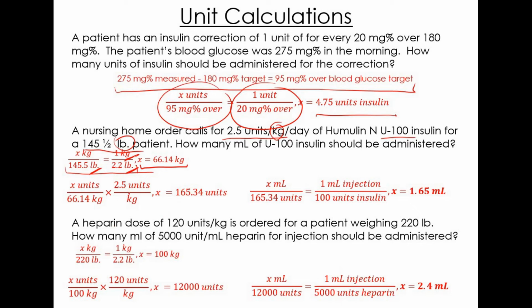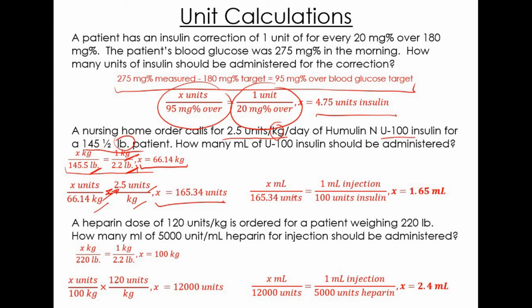Next, the weight-based dosing says that 2.5 units should be given for every kilogram of patient weight. This patient weighs 66.14 kilograms. So setting up a proportion like this, and I think this should be an equal sign right here, tells us that the number of units the patient should take after cross-multiplying is 165.34.